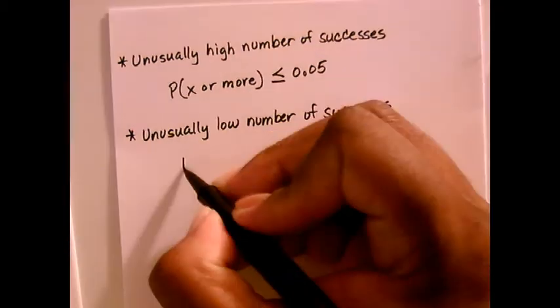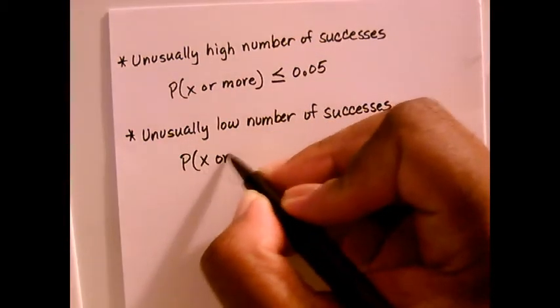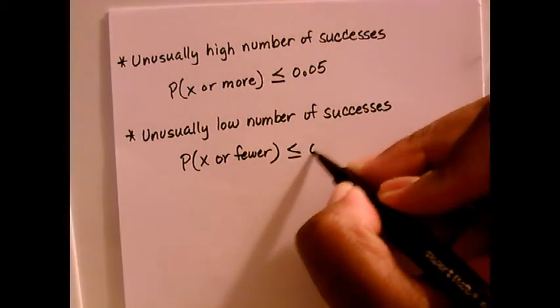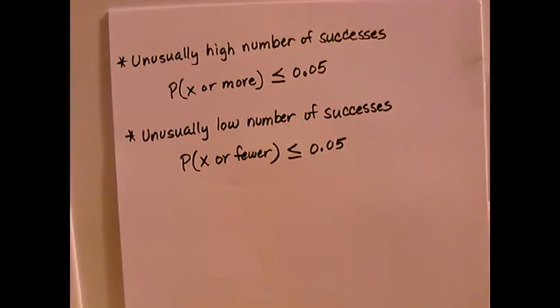So if you have the probability of X or fewer, and that probability value is less than 0.05, then that's an unusually low number of successes.